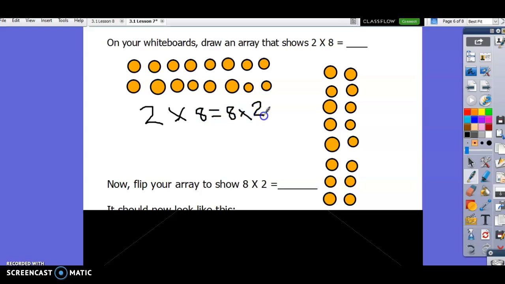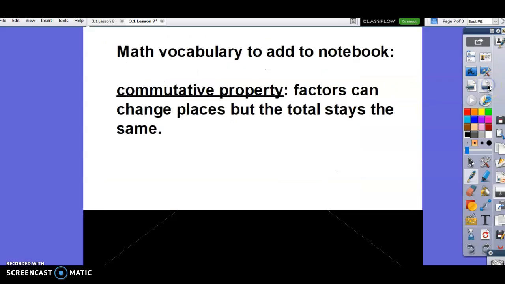And that's your example of the commutative property. Okay? So then the last thing I want you to write in your notebook is commutative property and add this definition. So your factors can change places, but the total stays the same. Okay? All right, and that is all of today's math lesson, and I will see you next time.